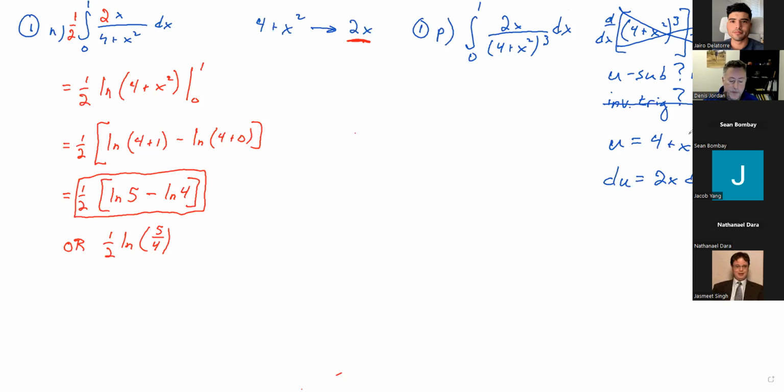So the 4 plus x squared would take care of the denominator, and then the 2x dx would be taken care of by the du. So your denominator becomes u to the 3rd. The 2x dx becomes just du, or 1 du.